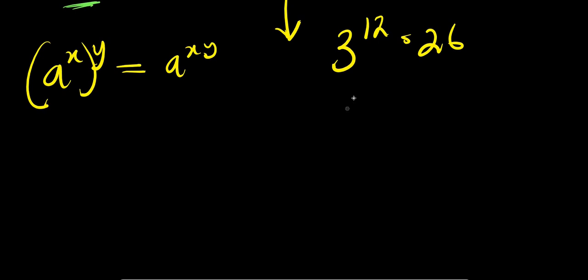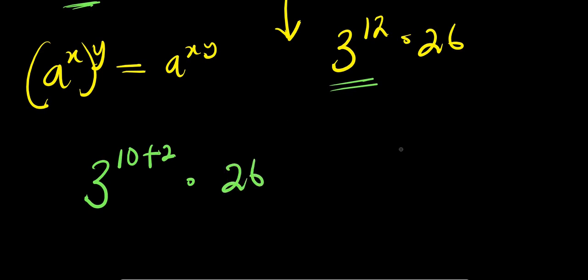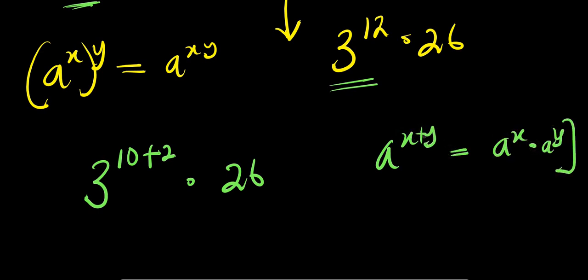So I need to find the value of 3 power 12, which is the same thing as writing 3 power 10 plus 2, and this is times 26. And remember, a power x plus y equals a power x times a power y.